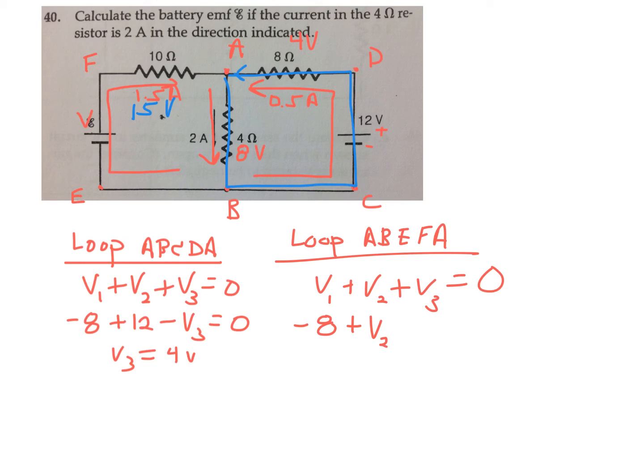I'll call that V2 in this case, which represents the battery. And then from F to A, my walking path is the same as the red arrow current path, so it's going to be minus the 15 volts for that resistor equals 0, so V2 equals 23 volts. That's what we were looking for, the voltage of that particular source, 23 volts.